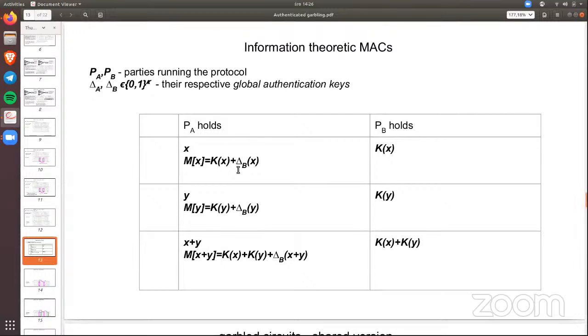But this one is global in the sense that it's going to be the same for every authenticated value known by PA. And this is local in the sense that PB will create this key each time a new value will have to be authenticated.